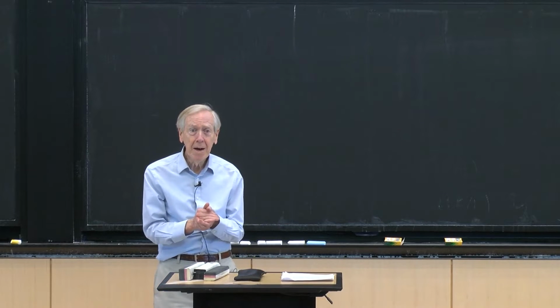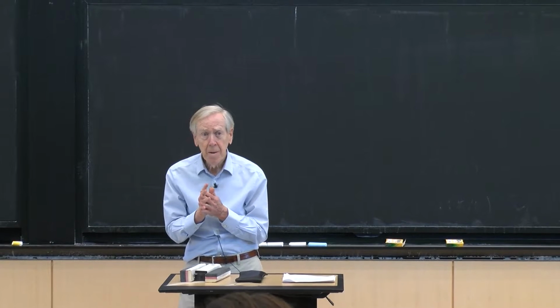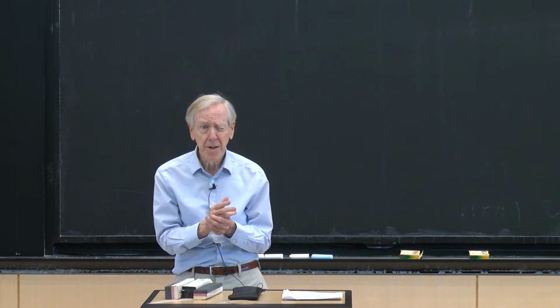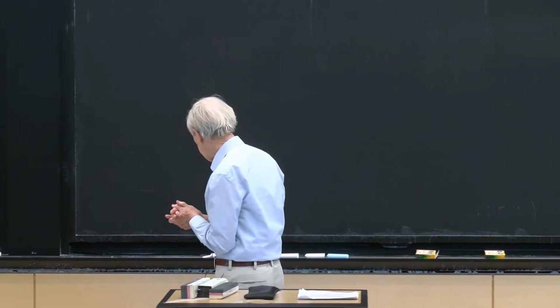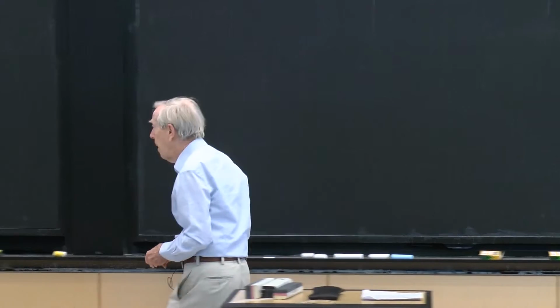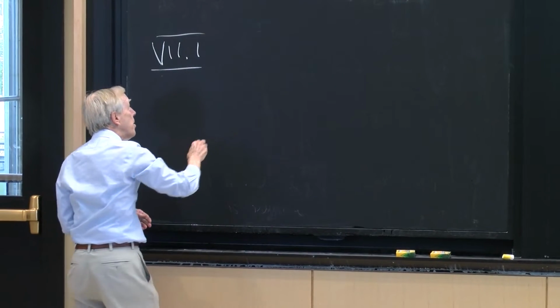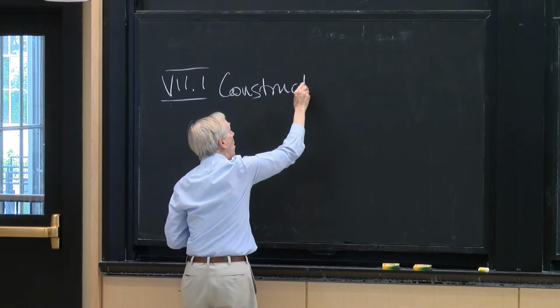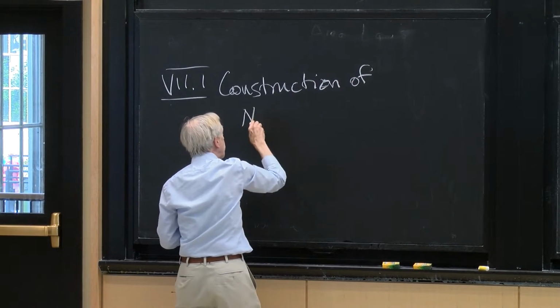But I do have something, an important topic, which is a revised version about the construction of neural nets, the basic structure that we're working with. So that's on the open web. That's section 7.1, construction of neural nets.